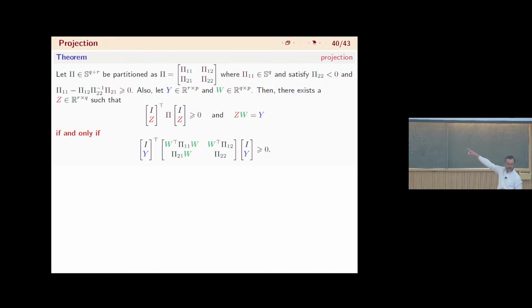There is one more linear equation for z. What are the points of z satisfying that? It's an affine space, right? It's something like a plane here. So you have an ellipsoid, you cut it with a plane.